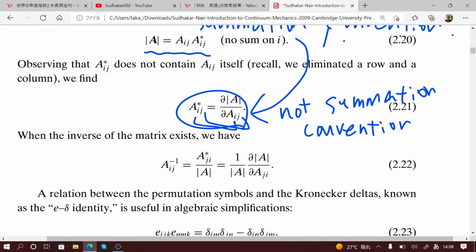When the inverse of the matrix exists, we have the inverse of A is.